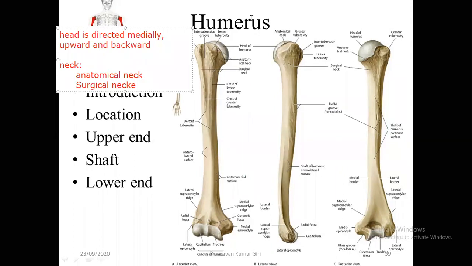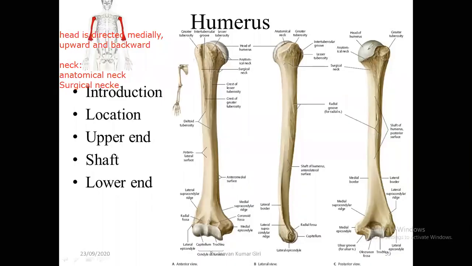See, this is the smooth articular head, isn't it? Can you see this margin here? That separates the head from the rest of the upper end. So this is the neck. The anatomical neck is here.